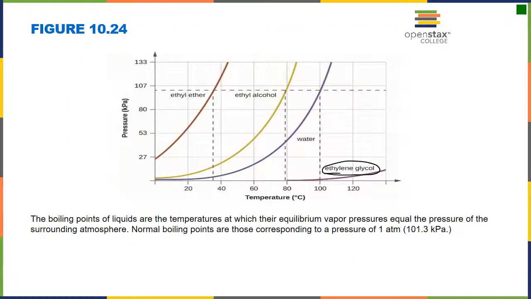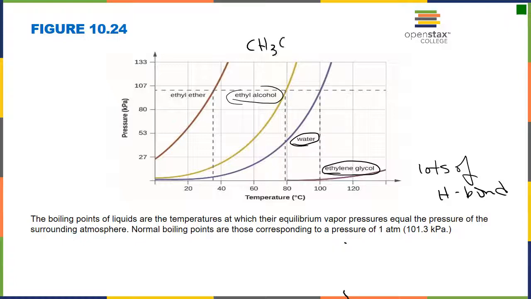We have ethylene glycol. Ethylene glycol has lots of hydrogen bonding, followed by water here, followed by ethyl alcohol. Ethyl alcohol still has hydrogen bonding, but it's going to have less hydrogen bonding than water. And over here we have diethyl ether, which has no hydrogen bonding. It is dipole-dipole. So if we're looking at our intermolecular forces, and our intermolecular forces increase in this direction, we're going to have the lowest at our ethyl ether.